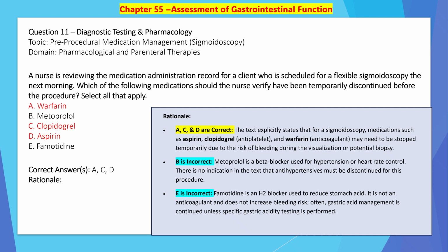B and E are incorrect. Metoprolol is a beta blocker used for hypertension or heart rate control; there is no indication in the textbook about this. Famotidine is an H2 blocker used to reduce stomach acid.